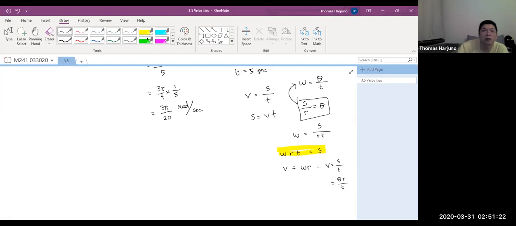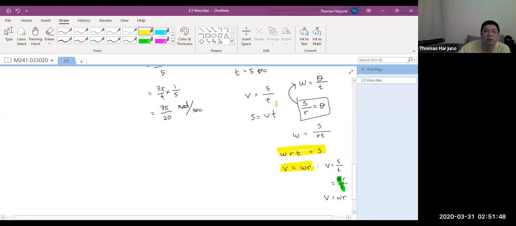Then theta over t is omega. So v equals omega r. So that's another formula we need to memorize: linear velocity is equal to angular velocity times the radius.